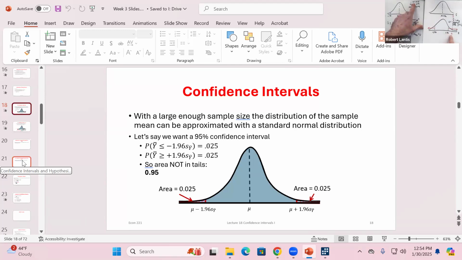We said, look, if the likelihood of what I found falls below 5%, or a probability of 0.05, what I assume to be true probably isn't true. What's probably true? The mean is probably somewhere over here, in which case, what would happen to the distribution of our sample means? It should be centered around whatever that true value is.